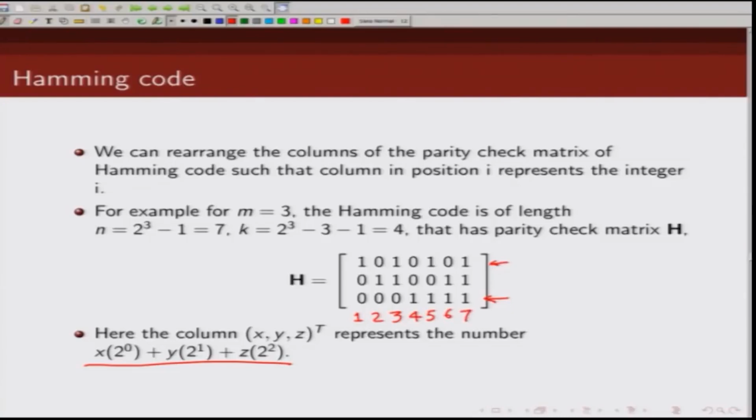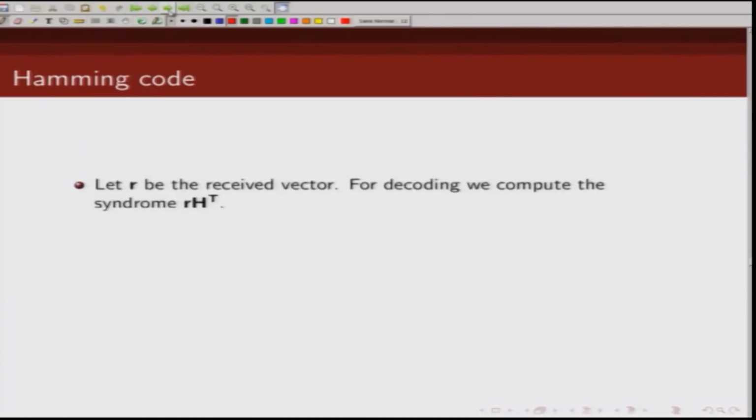So, note what I did was I rearranged the columns of the parity check matrix of the Hamming code such that now the column in the ith position represents the integer i. Now, if I do that, then let us see how this helps us in locating the position of the error.